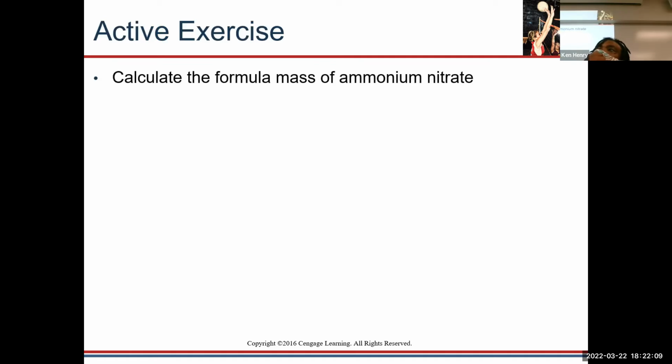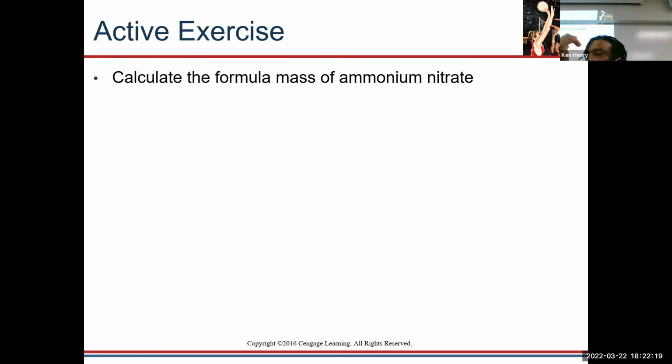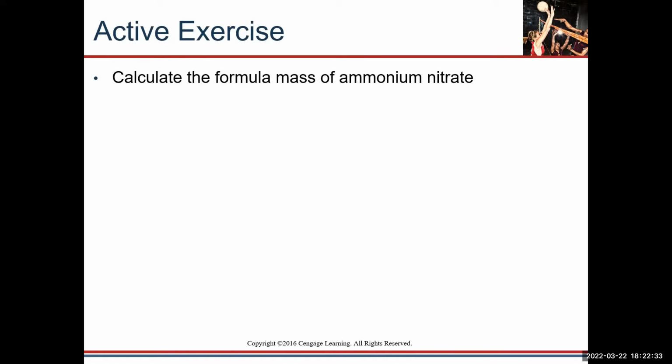Calculate the formula mass for ammonium nitrate. So first thing I need to do is to do what? Write out the chemical formula, yes.